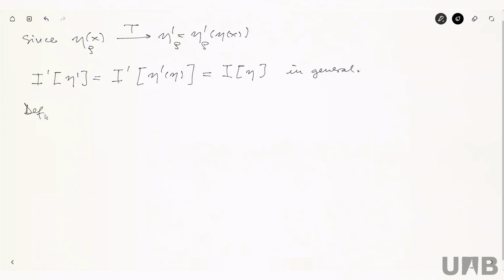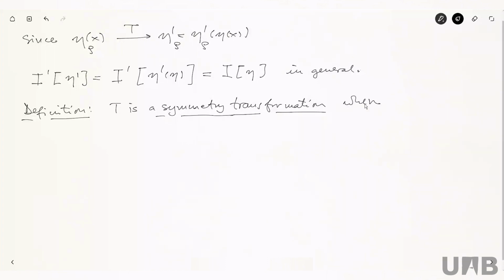So that's what happens in general. Now, definition. T is a symmetry transformation, so it's not any transformation, but a symmetry transformation, when the dependence of the new action on the new field is the same before and after.